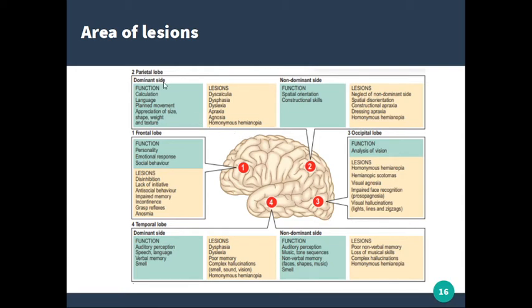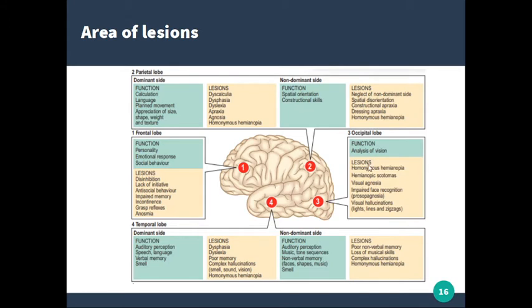The dominant side is usually responsible for calculation, language and planned movements, and appreciation of size, shape, weight, and texture. The non-dominant is usually involved in spatial orientation and constructional skills. So, in the non-dominant hemisphere, we will get neglect, spatial disorientation, dressing apraxia, inability to dress or to do up their buttons, and the homonymous hemianopia.